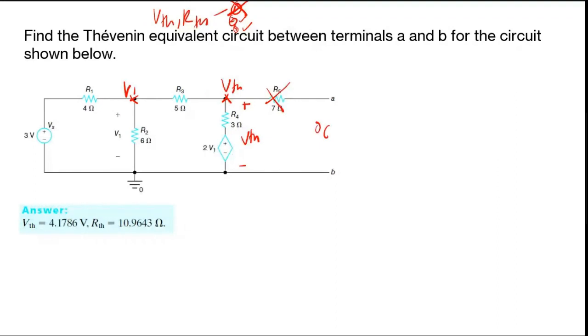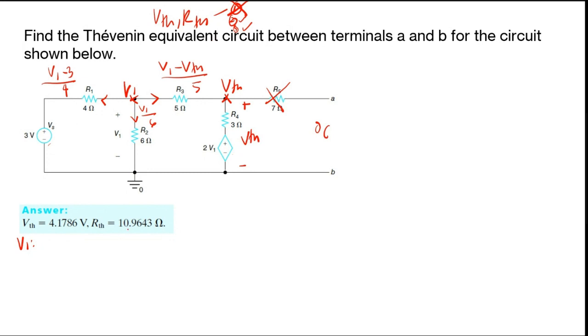Okay, so let's get the node voltage equation for V1 and VTH. For V1, what equation do you have? Let's put all the leaving currents here. So right here you will have (V1 minus V3) over 4, for this direction you will have V1 over 6, and for this one (V1 minus VTH) over 5.